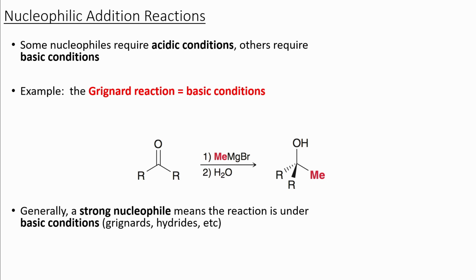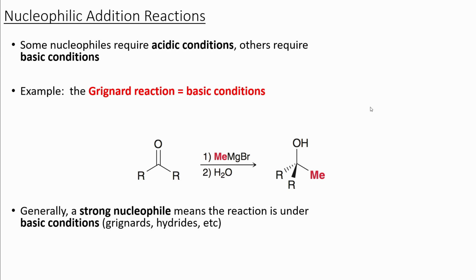In general, a strong nucleophile is going to be able to undergo nucleophilic attack in basic conditions, and this is because we won't need to activate the carbonyl group at all. A weaker nucleophile, however, will require acidic conditions because the protonation of the oxygen of the carbonyl group will increase the electrophilicity of the carbonyl carbon.